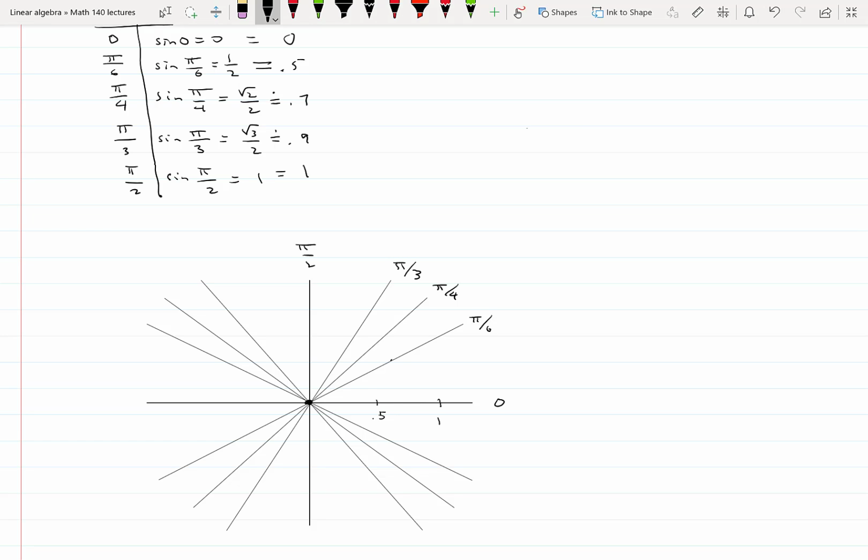If theta equals pi over 4, I'm at 0.7, so 0.5, 0.6, 0.7, 0.8, 0.9. So I'm right about here. And then at pi over 3, I'm at 0.9.